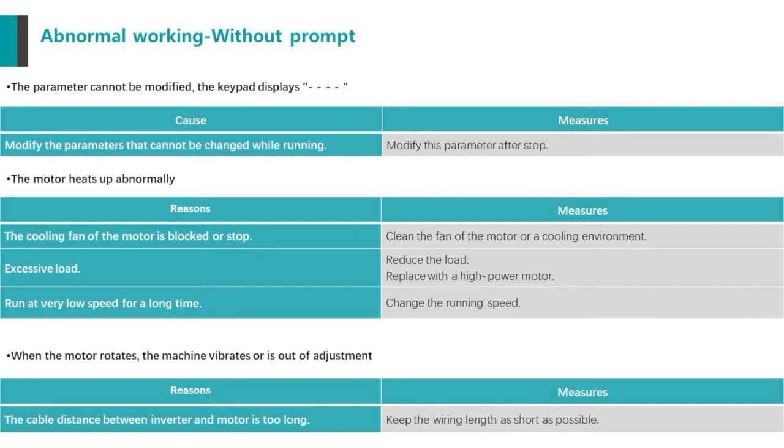This mainly happens for some parameters that are only allowed to be changed at stop state, such as the motor specifications, the parameter group F5. If you want to change the motor rated current, rated voltage, or even poles at running state, you will find the inverter displays this fault.